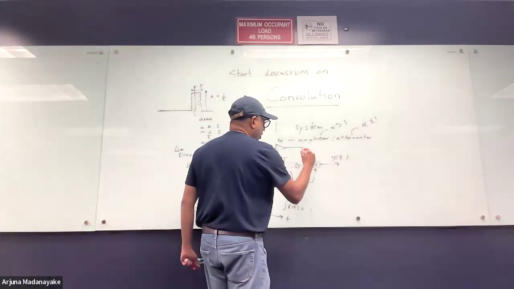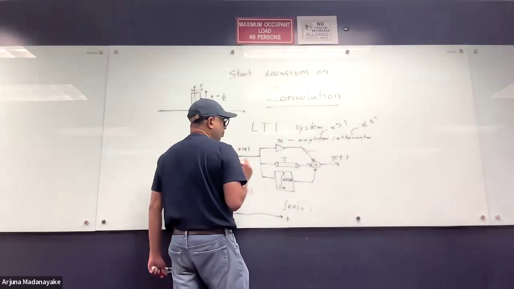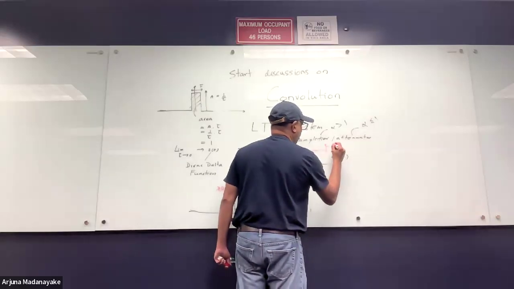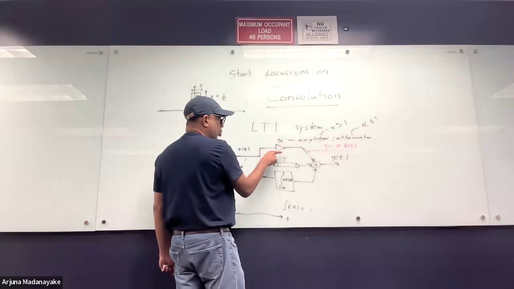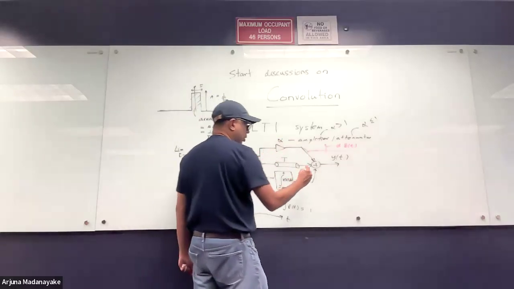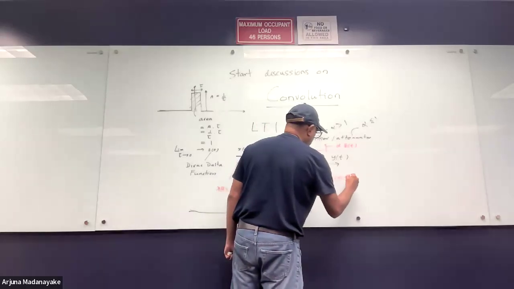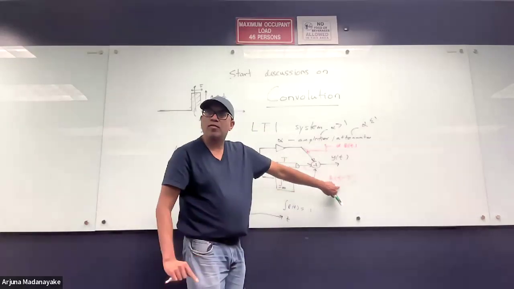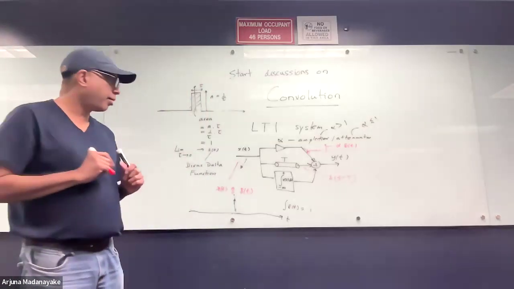So we can find the output in terms of 3 components. Here you will get another impulse coming out, that is alpha times delta t, because the only thing that happened was you scaled it by alpha. Right. This branch will have delta t minus T, because T is the delay, so we change the variable from t to t minus T to account for the shift in time.